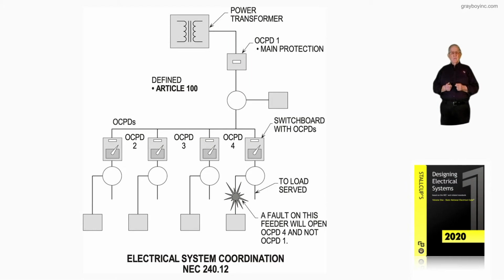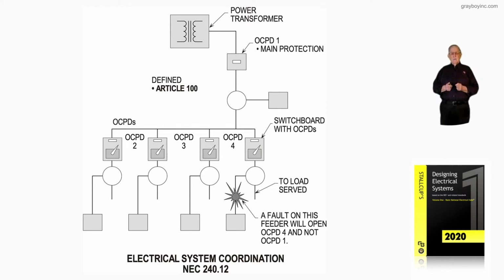Now this illustration deals with electrical system coordination in accordance with 240.12. But notice the definition can be found in Article 100 and should be reviewed if you're having to design or install this system.